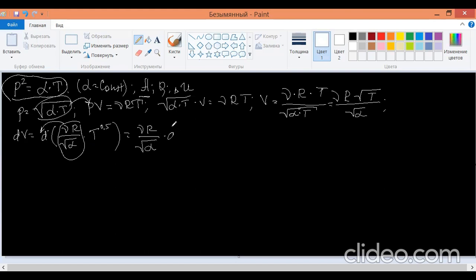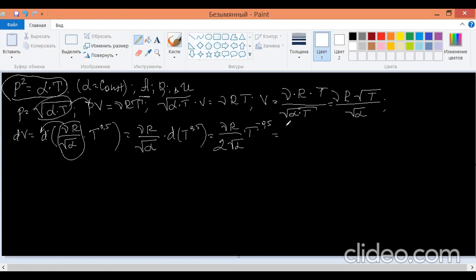And if we differentiate the square root of temperature, we will get nu times R over twice the square root of alpha, times T raised to minus 0.5.